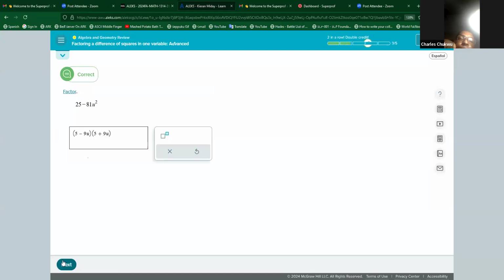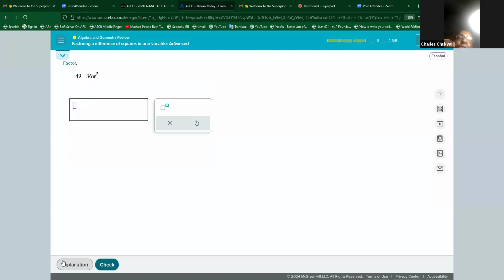Okay, this is much the same. 7 minus 6w, 7 plus 6w. Okay, perfect.